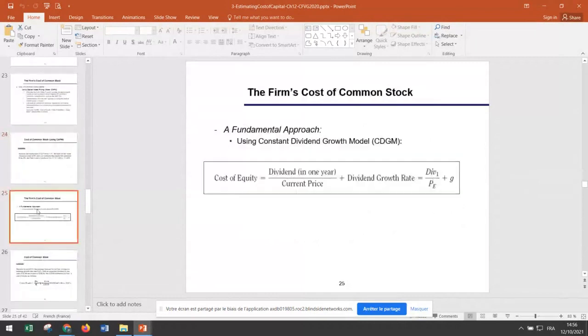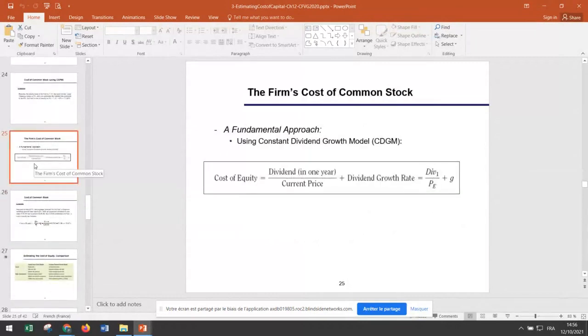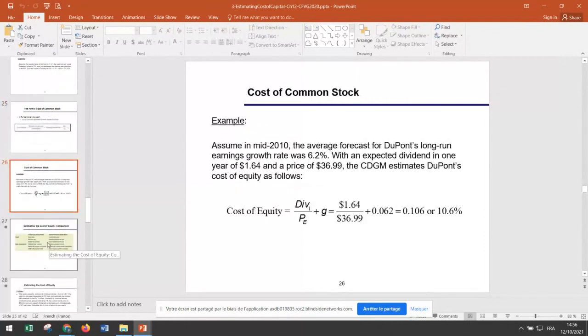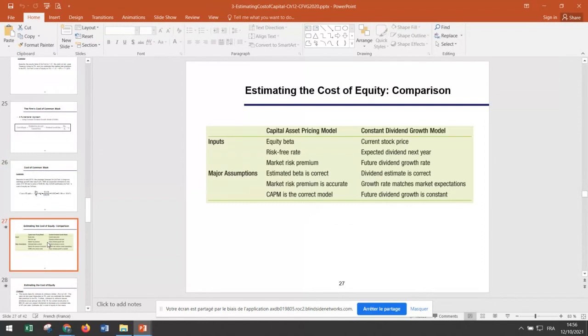And second, we use the fundamental approach, which we call the constant dividend growth model, or the Gordon growth model. You compute the cost of equity capital based on the dividend yield, which is dividend 1 divided by the price, plus the g that represents the dividend growth rate. Both ways let you calculate the cost of equity capital, based on the capital asset pricing model or the constant dividend growth model.